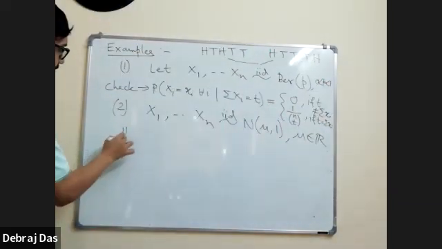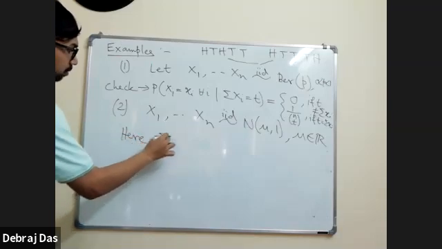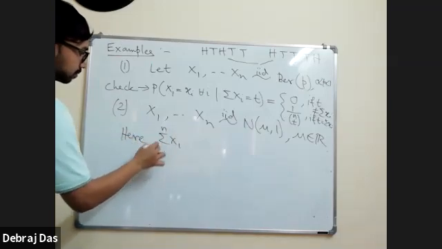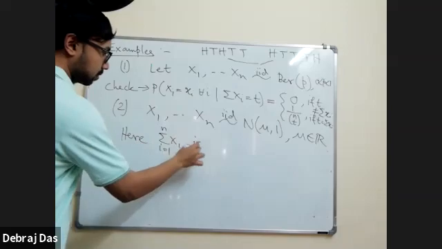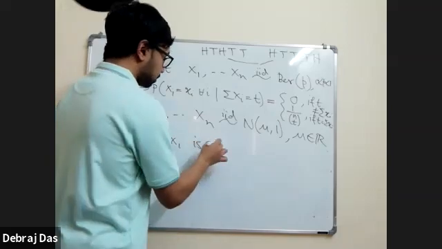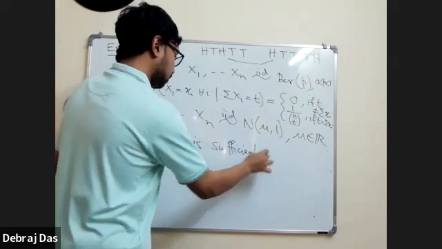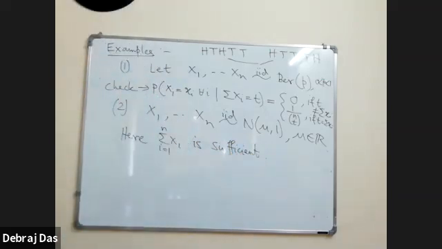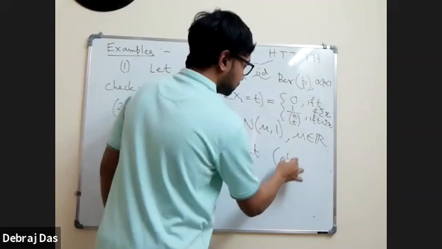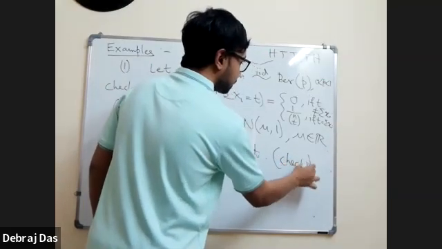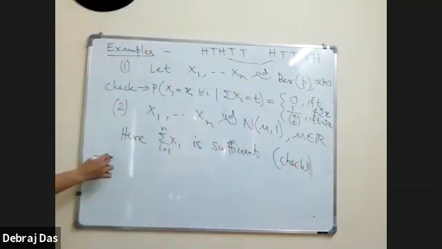So here the sum of xi is again sufficient. Also check this using the definition. Third one.